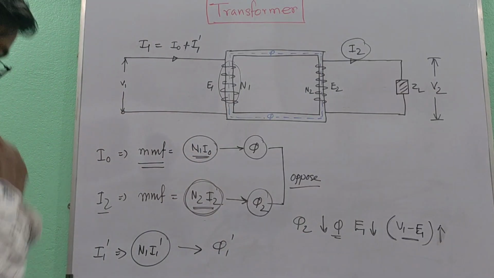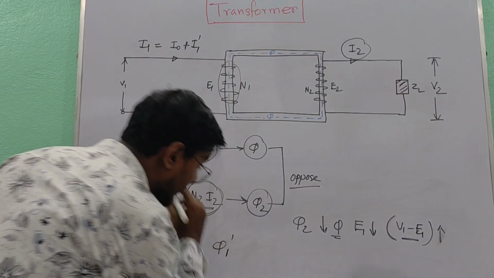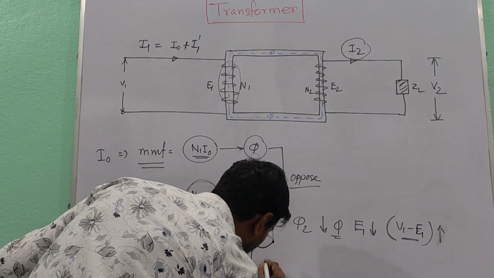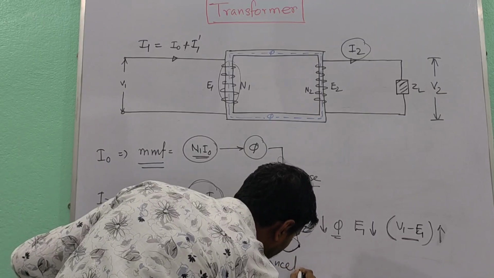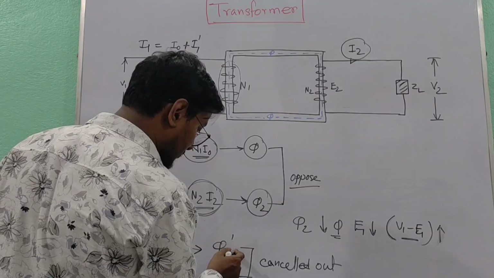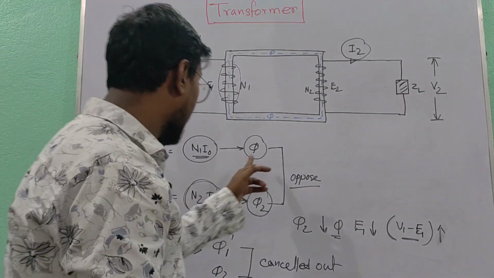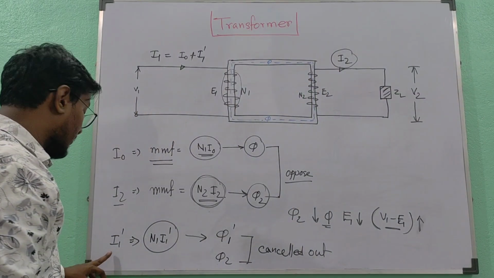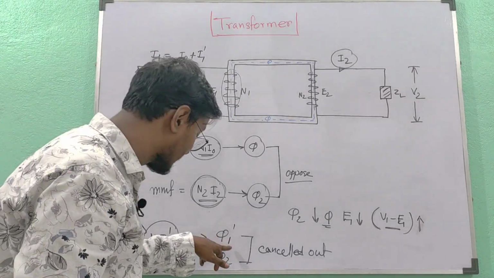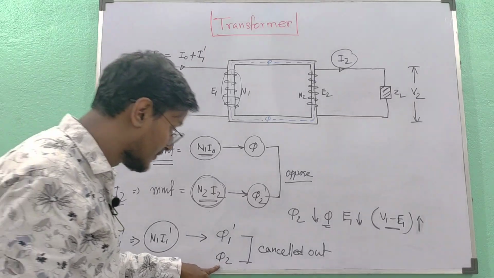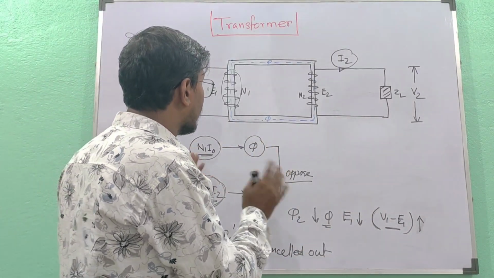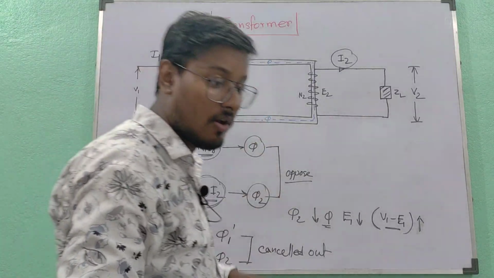So this phi 1 dash will be in the same phase as main flux phi and it cancels out phi 2. It will be produced by the counterbalancing current I1 dash, which is produced because of I2, and this produces some extra flux phi 1 dash which will cancel out the phi 2, and thus from no load to full load the total mutual flux in a transformer remains constant.